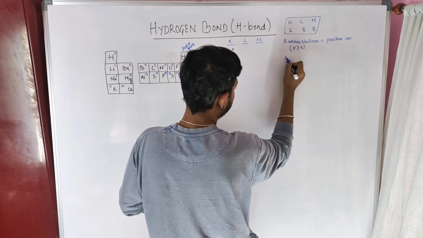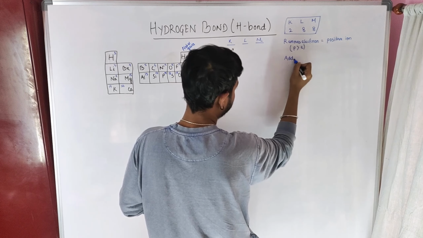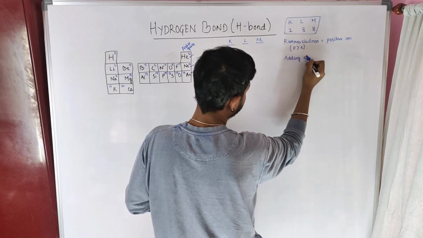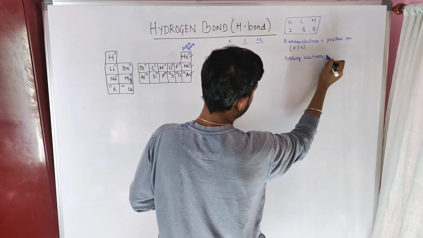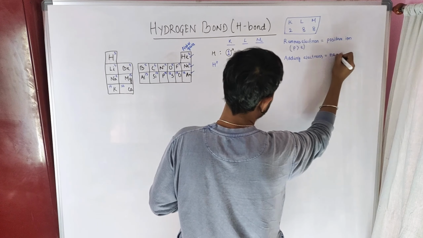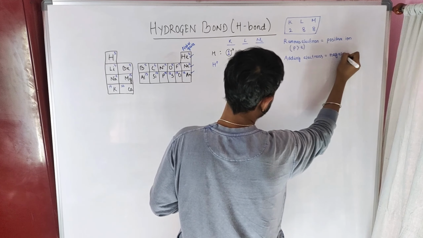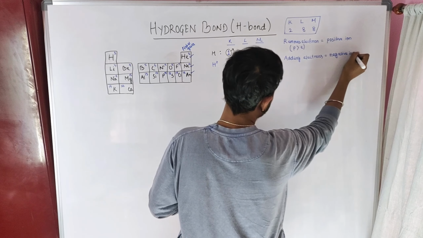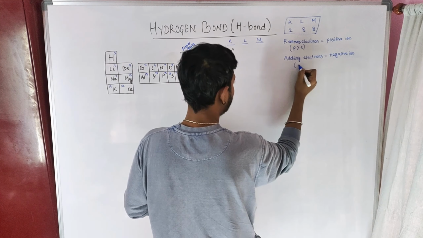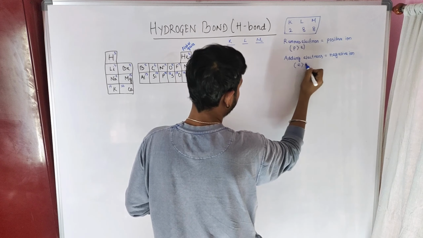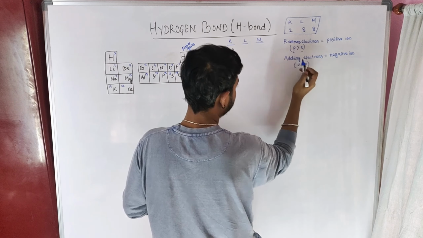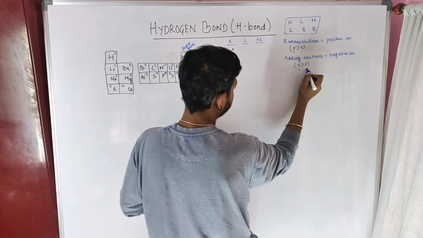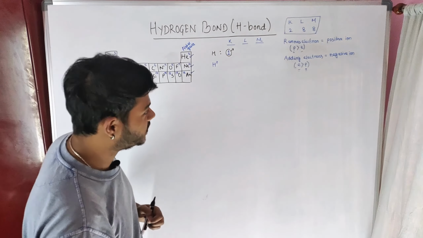And when electrons are added or taken in, it forms a negative ion. Why? Because the number of electrons becomes greater than the number of protons. So the number of positive charges becomes greater than the number of negative charges, and here the number of negative charges becomes greater than the number of positive charges.